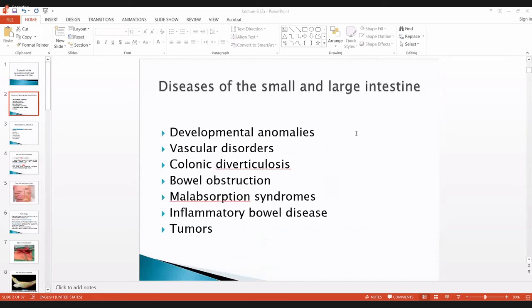Vascular disorders, very briefly, colonic diverticulosis, bowel obstruction, malabsorptive syndromes, inflammatory bowel disease, and tumors.